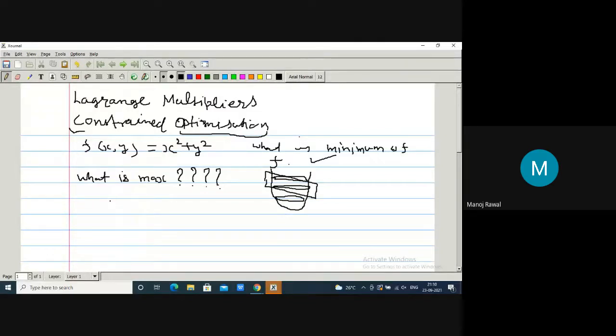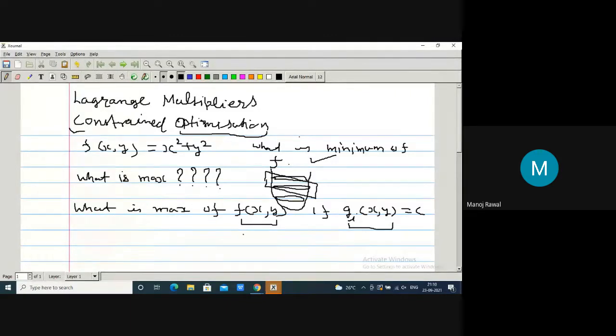So how do we say this? What is the maxima of f(x,y) if you are given g_i(x,y) = c? This is a condition. This is our target function, subject to g_i(x,y) = c.